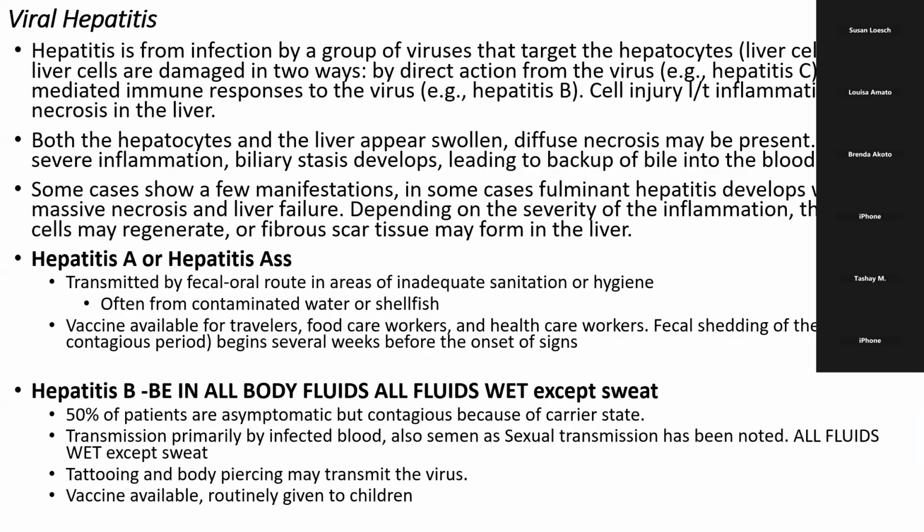Your hepatitis, you should know. Okay. Hepatitis A is going to be fecal oral. Okay. So this can come from contaminated water or shellfish. There is a vaccine available. And a lot of times this happens to people traveling, food care workers, healthcare workers.